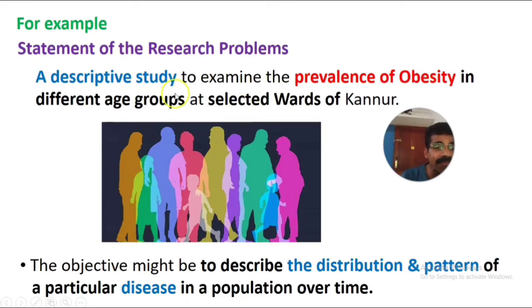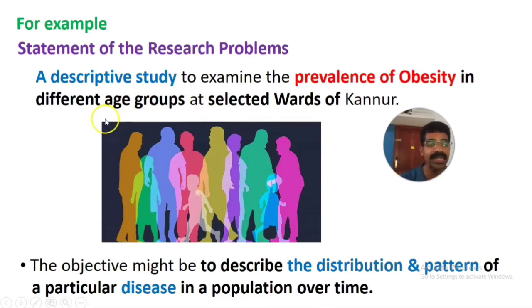In different age groups of the people at selected wards of the place, the district or the state, the selected wards of Kannur, the selected wards of Kottayam, the selected wards of Vaikam, etc. So a descriptive study to assess the prevalence of obesity in different age groups of the people living in the selected wards of Kannur.